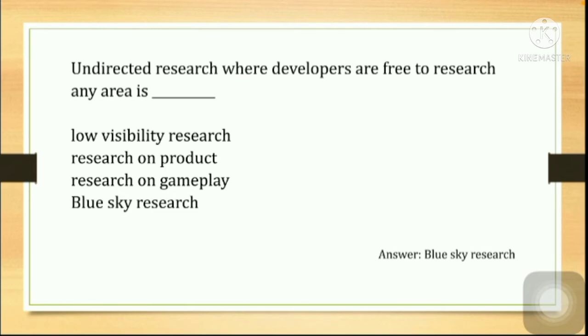Research on product and research on gameplay are all types of research. So that is not the correct answer. The correct answer would be blue sky research, because blue sky research is an undirected research, where developers are free to research the area that they are interested in. They are not bounded to any particular way they have to follow. Okay, answer is blue sky research.